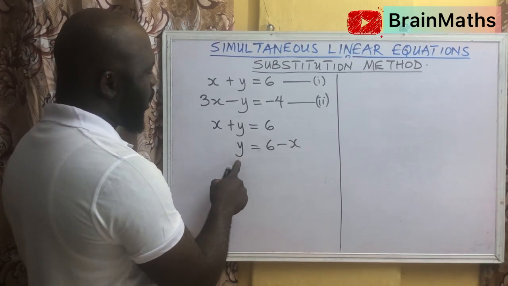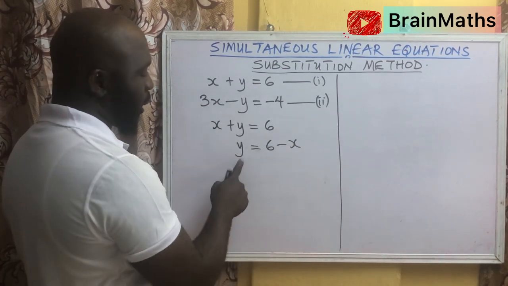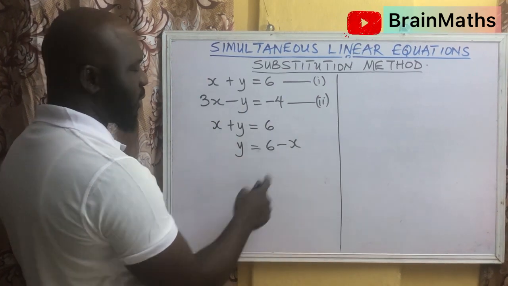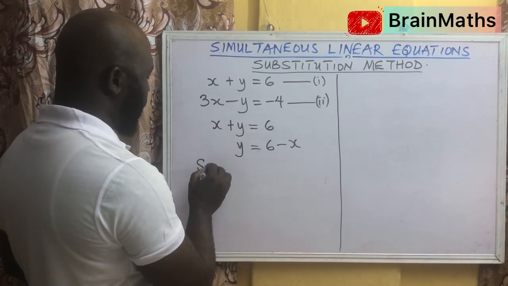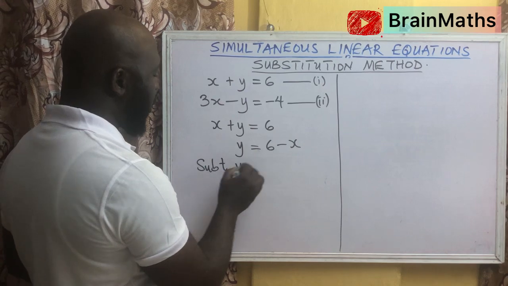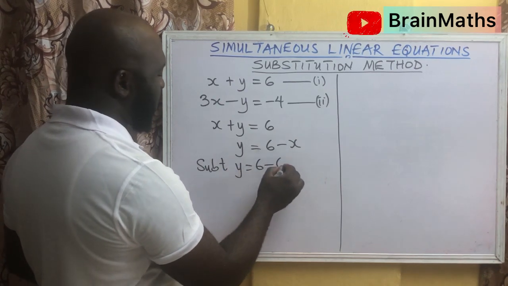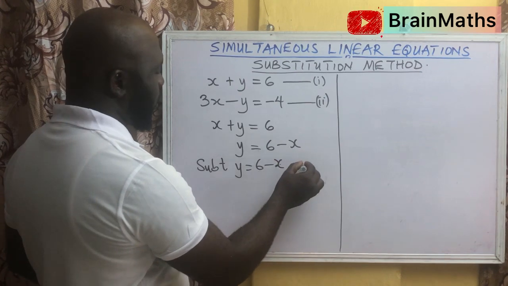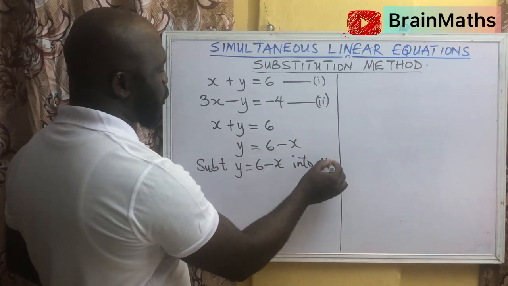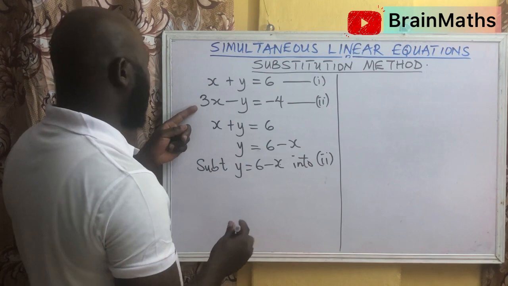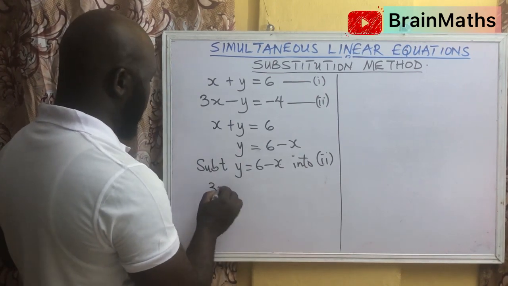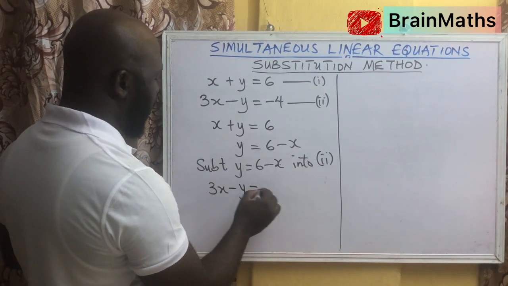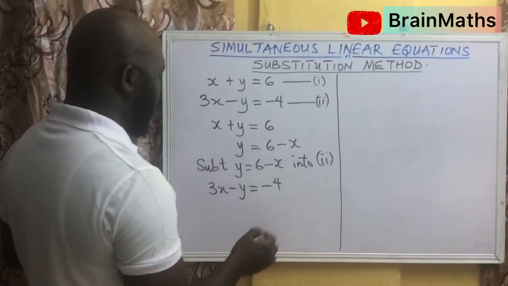Anywhere we see y in equation 2, then we write 6 minus x. So we say substitute y equals 6 minus x into equation 2. And our equation 2 is 3x minus y equals minus 4.